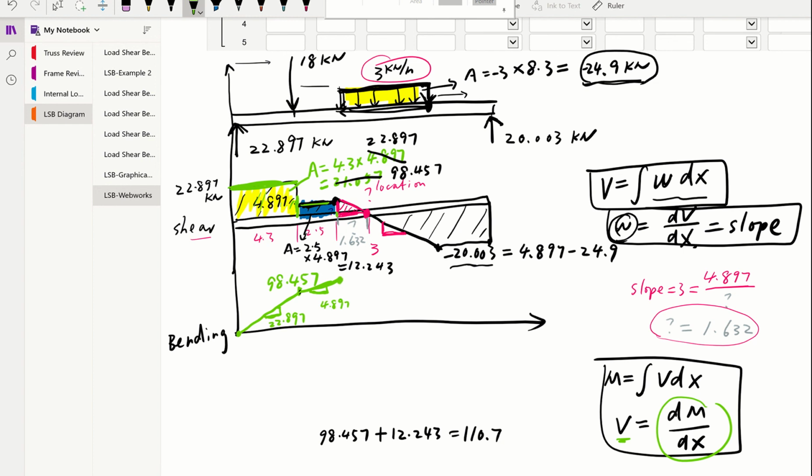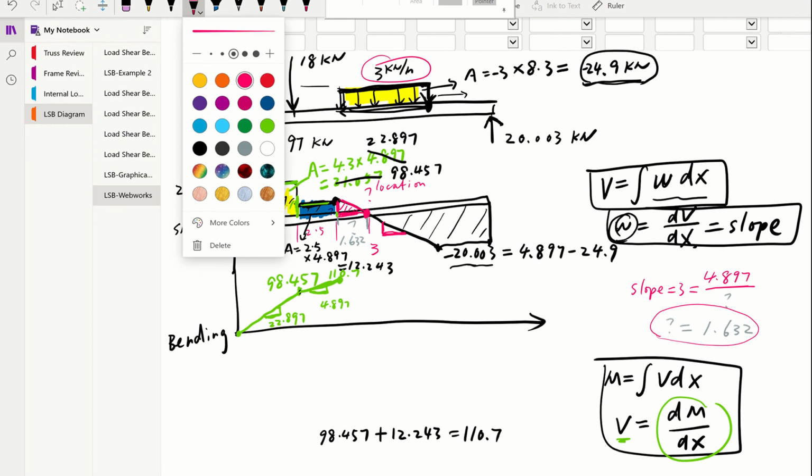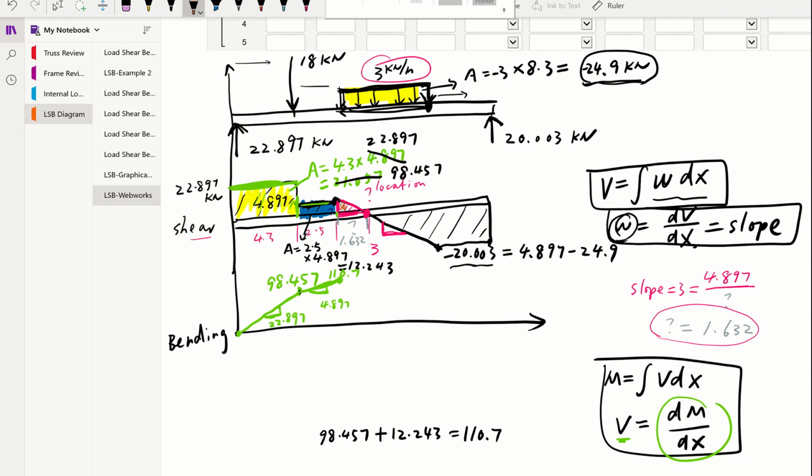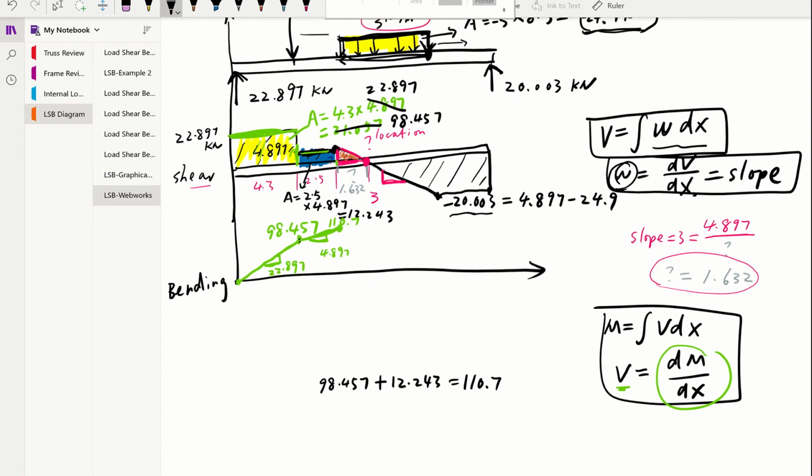And if we just calculate this point, it is going to be 110.7. Now what we're going to do is integrate this area, right? This is a triangle. So what is this triangle area?